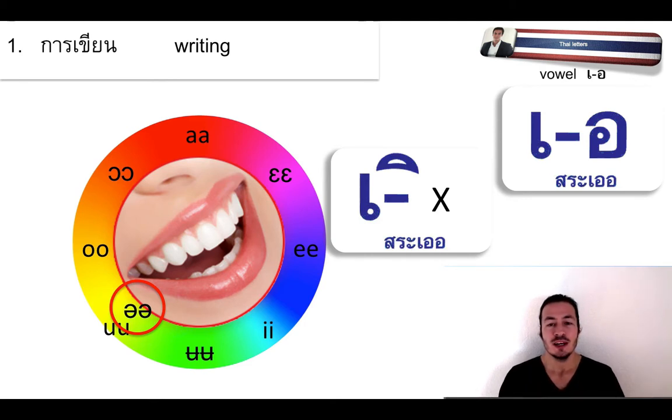So if there is a final consonant in a syllable or word containing the vowel, there will be a different writing style, as you can see in this second box.